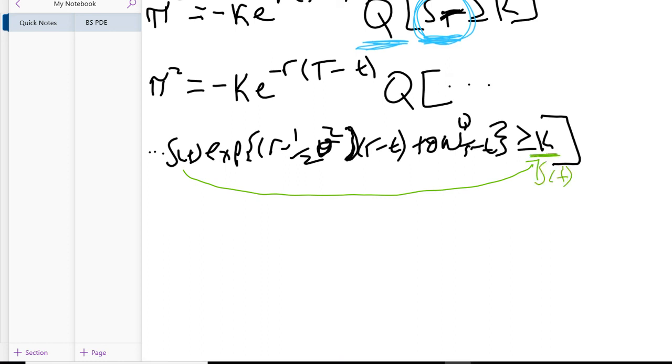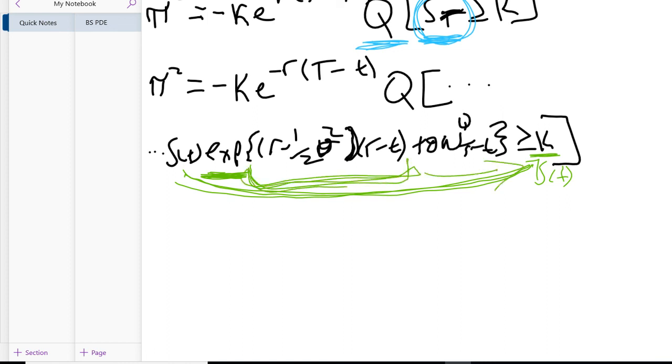Then I would take logs to get rid of the exponential. So first divide both sides by S_t, and then take log of both sides to get rid of the exponential. And then what I would do is move this part over also to the other side.